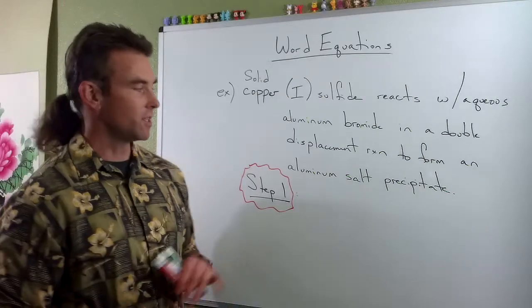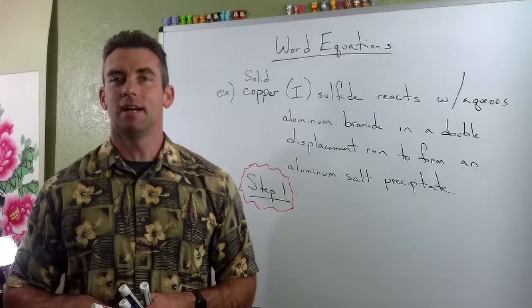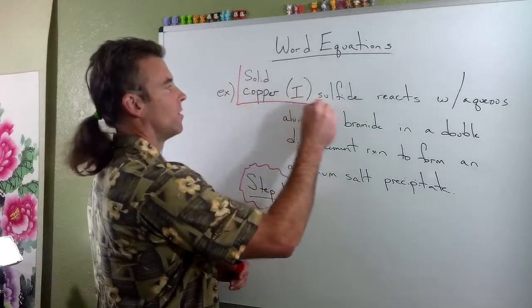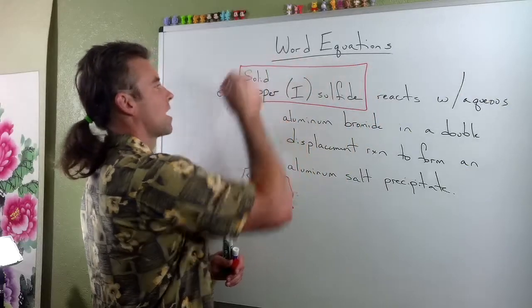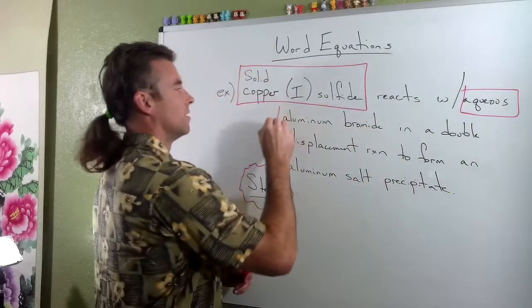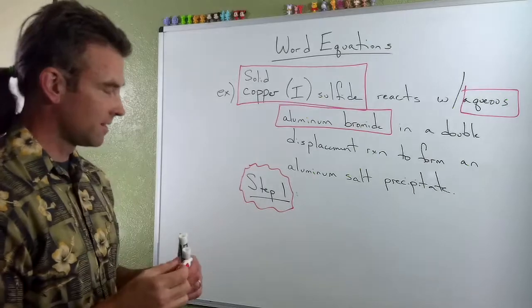We know, because we just saw it, that step 1 is always to figure out what the reactants are. So we know we have solid copper 1 sulfide and aqueous aluminum bromide as my 2 reactants.